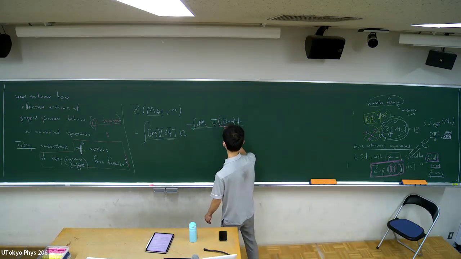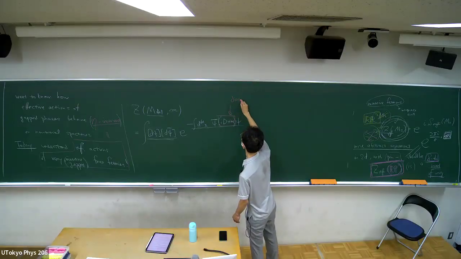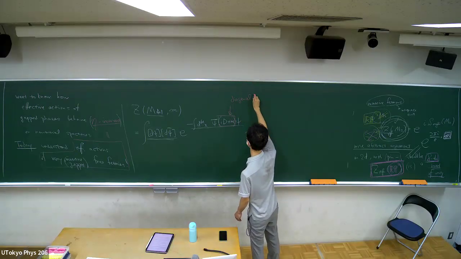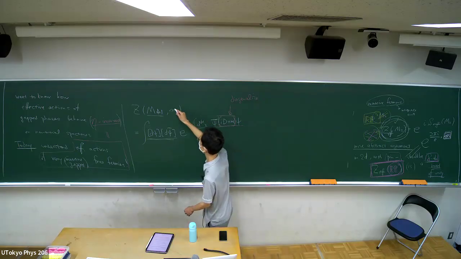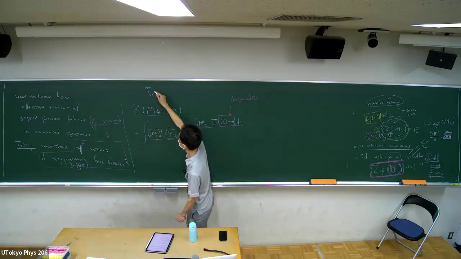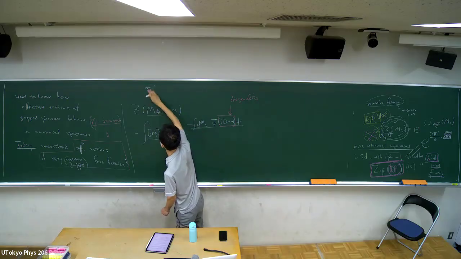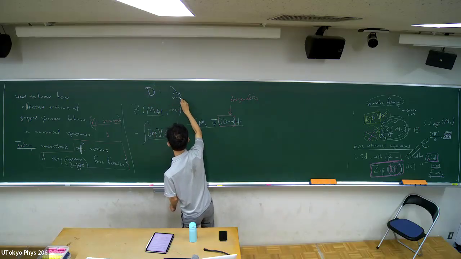So all you have to do is to diagonalize this. Let's say eigenvalue of D. So the Dirac operator, I didn't even add the slash, but this Dirac operator has, let's say, eigenvalues lambda A.